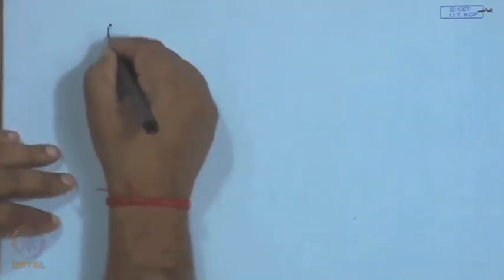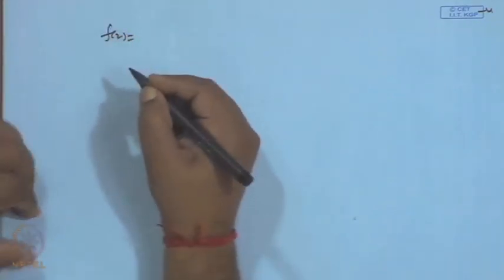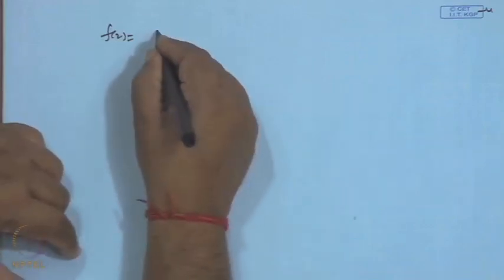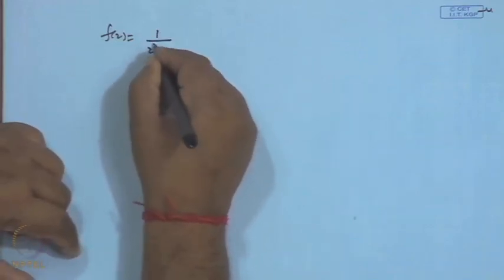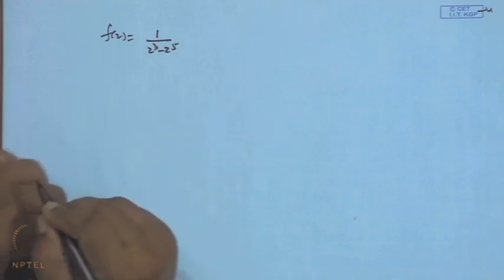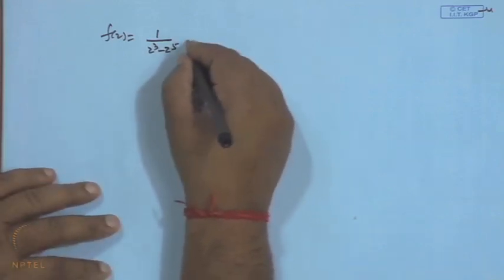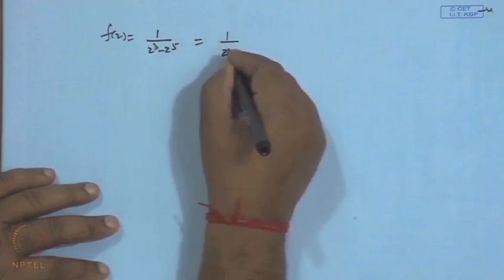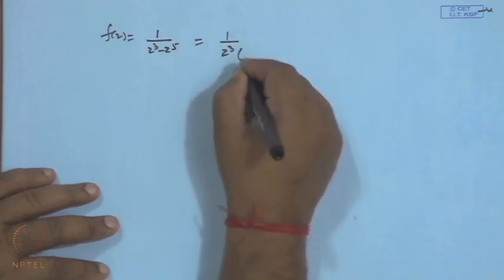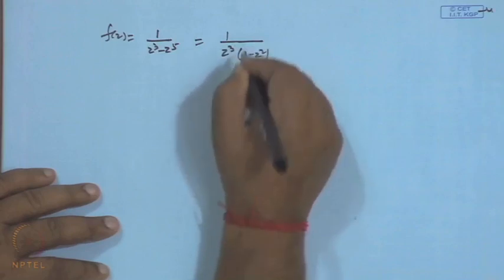If we take the function f(z) = 1/(z^3 - z^5), then it is equal to what? 1/z^3 times 1/(1 - z^2), is it not?